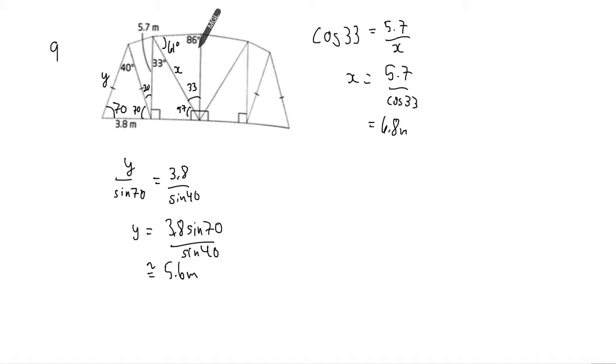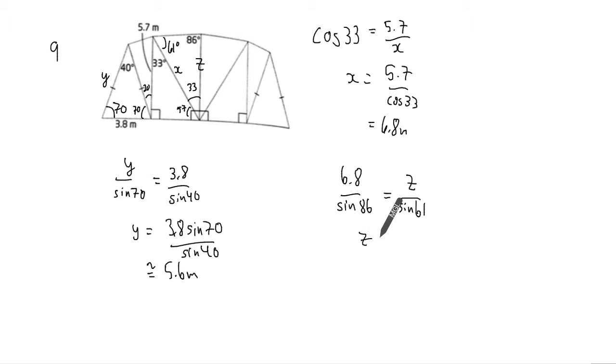The only thing left to figure out is this middle bar here. To do that, I have a length and I have an angle, so I can use sine law in there as well. Let's call this z. I'll use sine law, specifically x, which we found of 6.8, over sine of its opposite angle, which is 86, equal to z, which is the unknown that we want, over sine of 61.